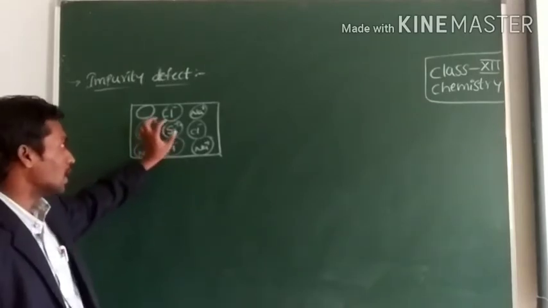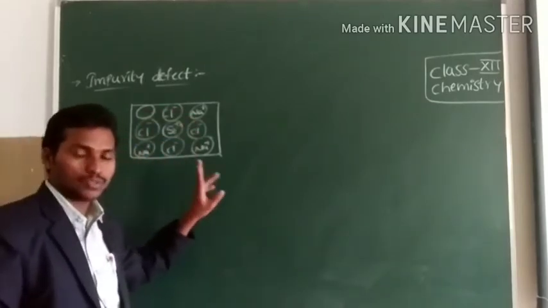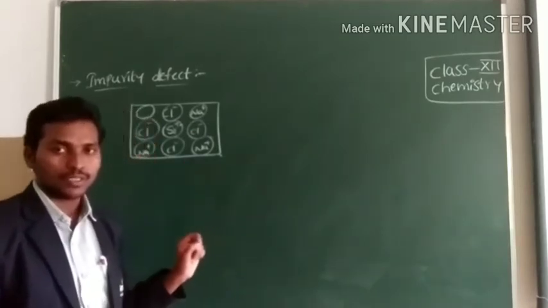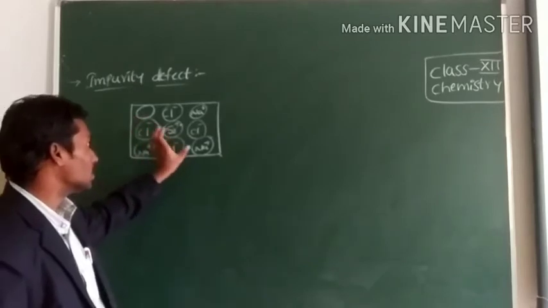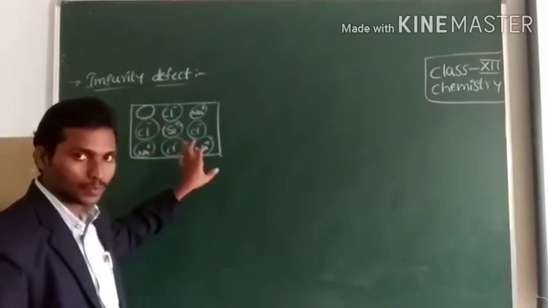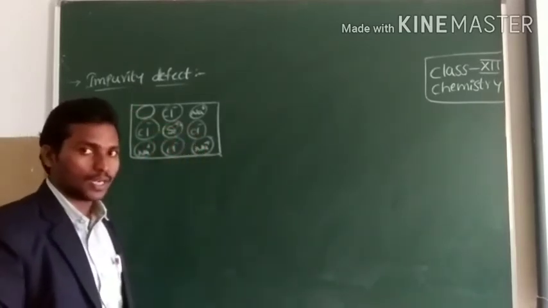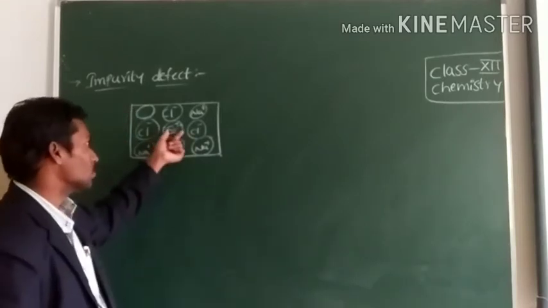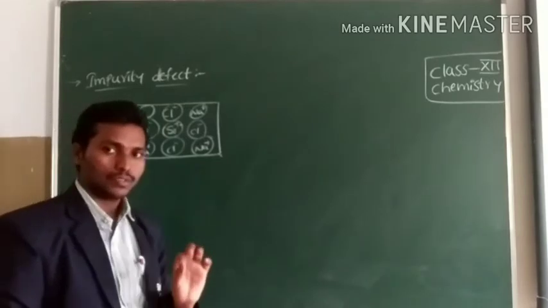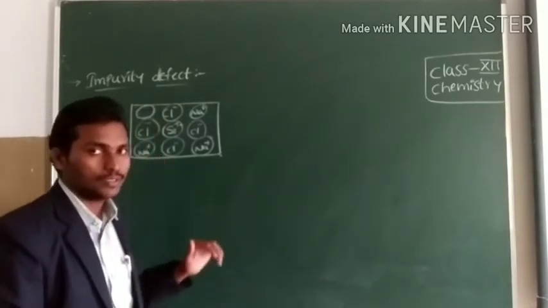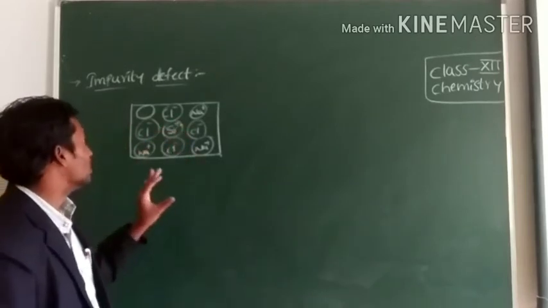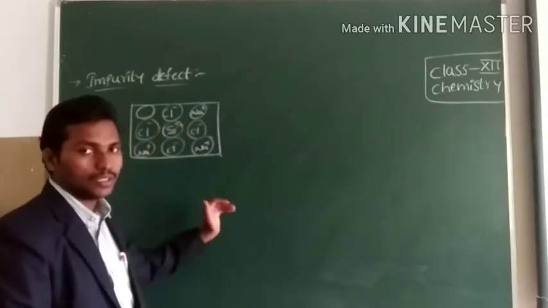Then the sodium cations present in the lattice are displaced by the strontium ion, which removes two sodium cation lattice sites. One is occupied by the strontium ion and another lattice point is vacant. So this is called impurity defect. It is observed in the crystal lattice. It is one of the defects.